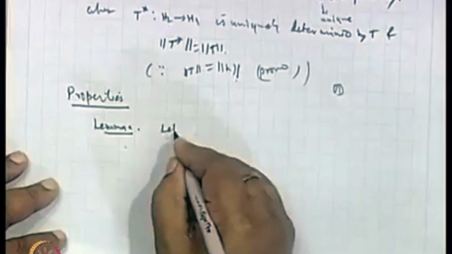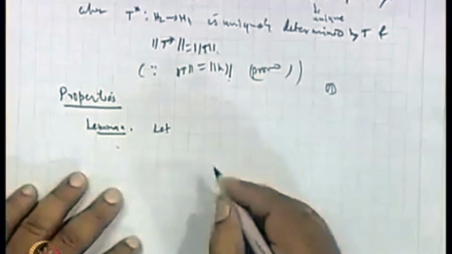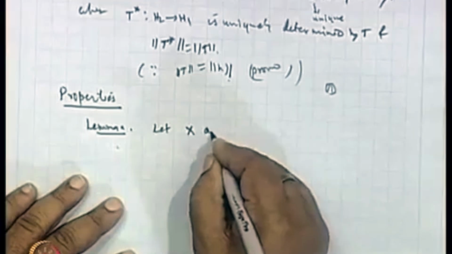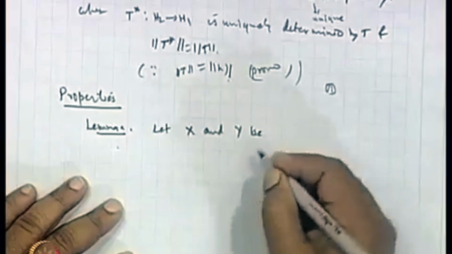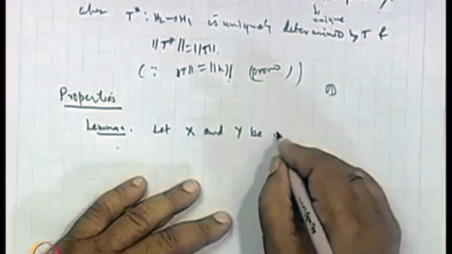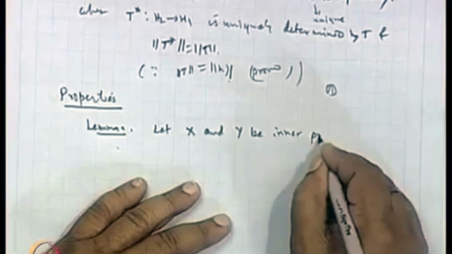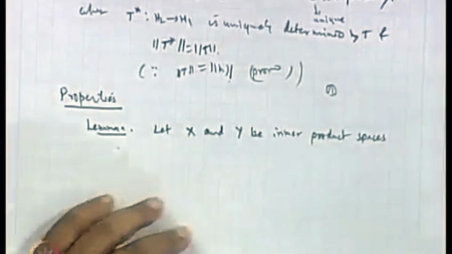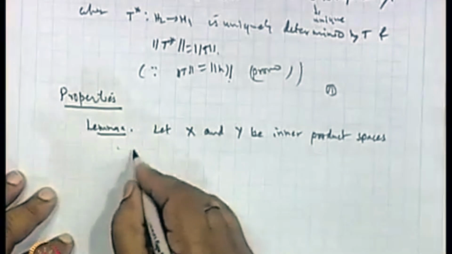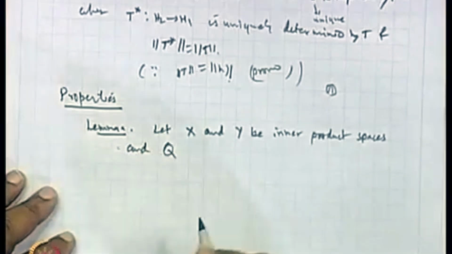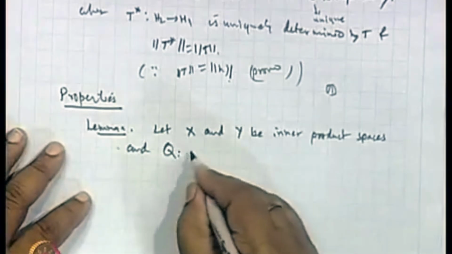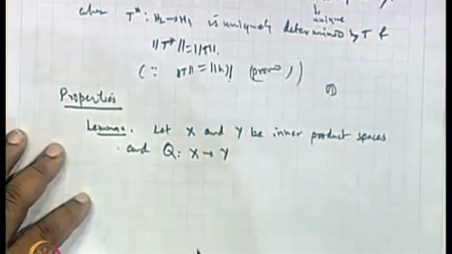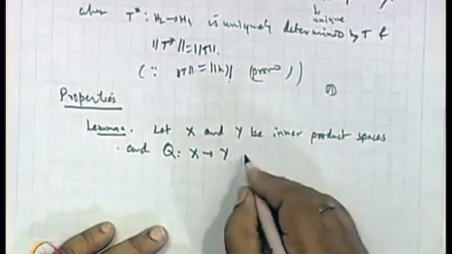The lemma is: let X and Y be inner product spaces and Q a mapping from X to Y, a bounded linear operator.